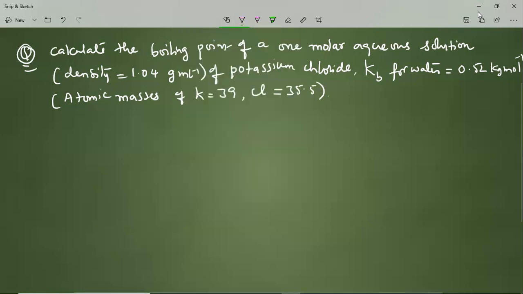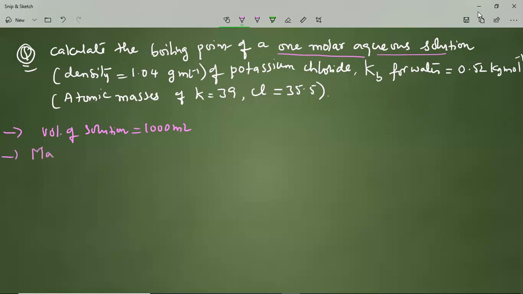For this, we have to find the boiling point of solution like the previous problem only. But we have to consider some points here. What is the volume of solution according to the general density calculations? That is 1000 ml, because they are telling a 1 molar aqueous solution. And I am finding the mass of solution from it.